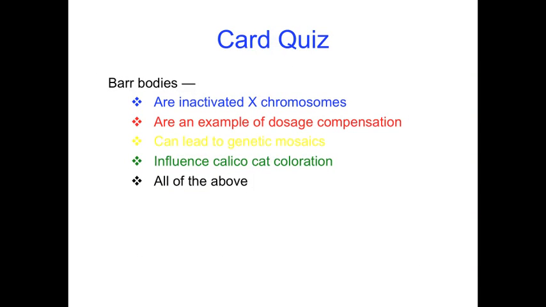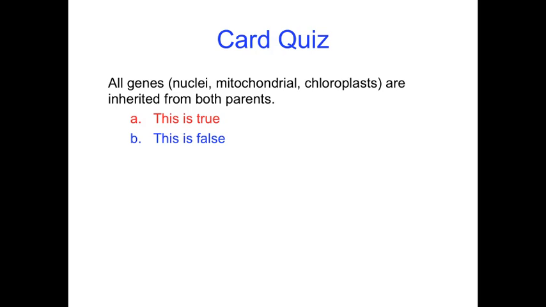Let's take a quick card quiz. Bar bodies are... All genes, nuclei, mitochondrial, and chloroplast genes are inherited from both parents.